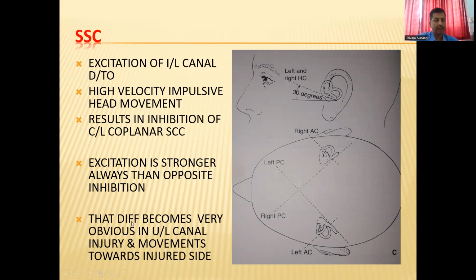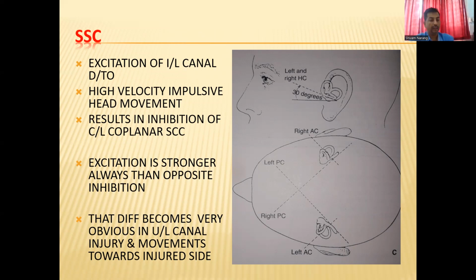If there is a difference between the firing rates because of an injury to the semicircular canals, for example if one side of the lateral semicircular canal is in excitation because of an injury, a viral labyrinthitis or an acute inflammation, it will increase the firing rate.